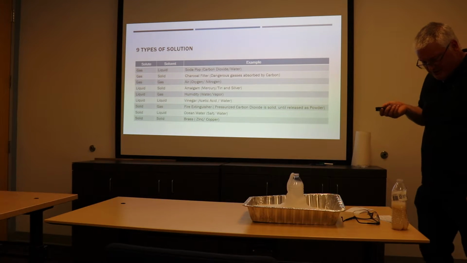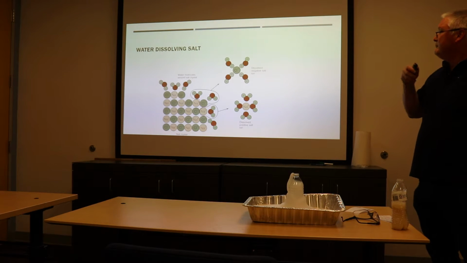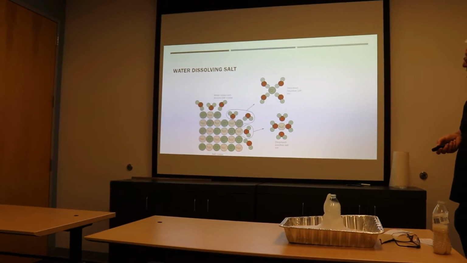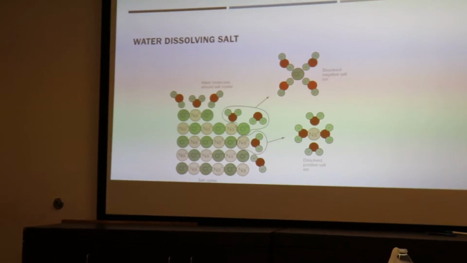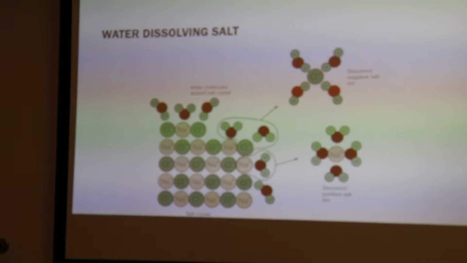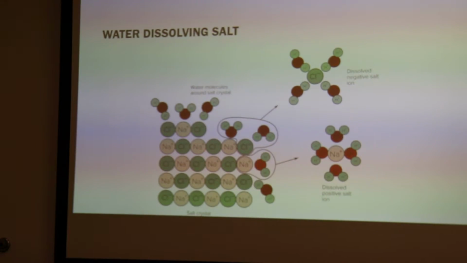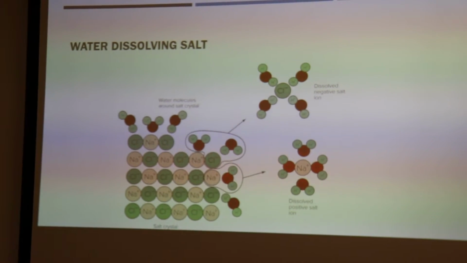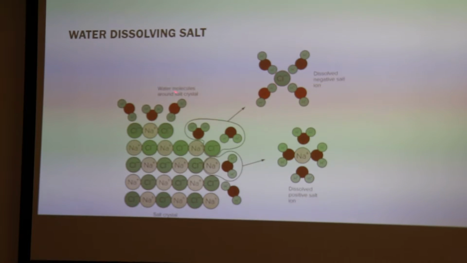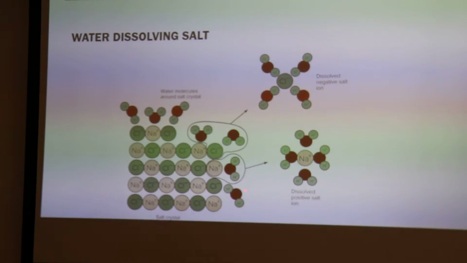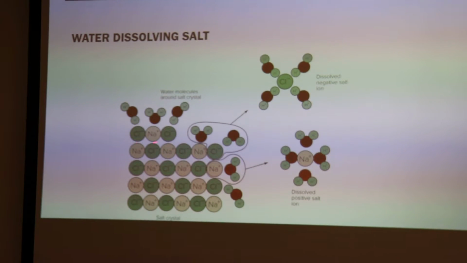In this next example, we are looking at salt water. This is water dissolving salt, and this is found on page 226 of your textbook. What you see here is the molecules of the water surrounding the molecules of the salt.